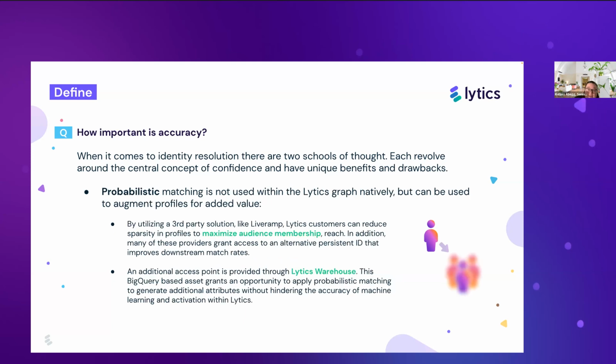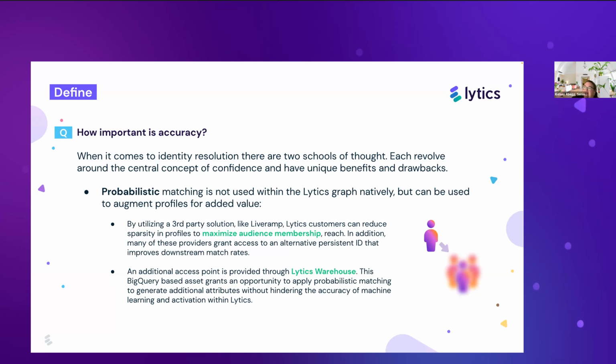With that being said, we also work with probabilistic solutions, and there are plenty of times when this comes into play. And it's also one of the primary reasons why we've built out Cloud Connect, which allows us to use that probabilistic matching capability and bring in data and increase reach without necessarily impacting the accuracy of the data science or the modeling capabilities, right?